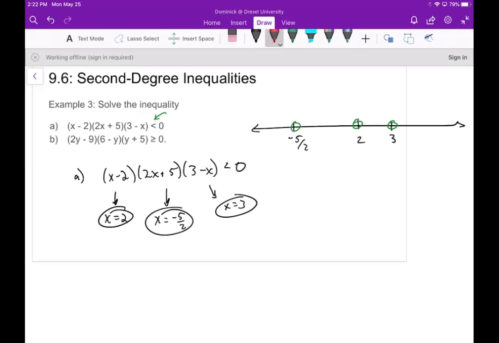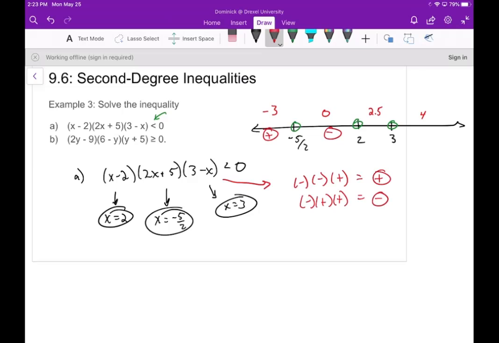So now if we test a number in each region, I can test negative 3, I can test 0, I can test 2.5, and I can test 4. If I test negative 3, I'm going to get a negative times a negative times a positive, so that's going to give me positive. If we test 0, we're going to get a negative times a positive times a positive, so that's negative.